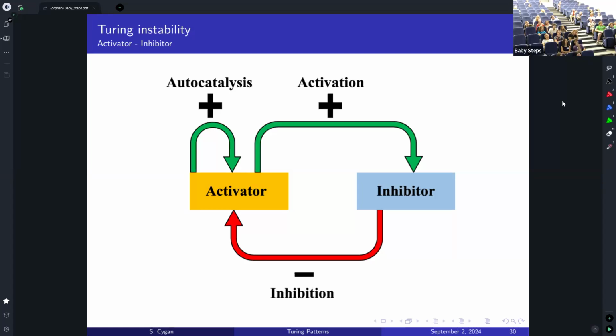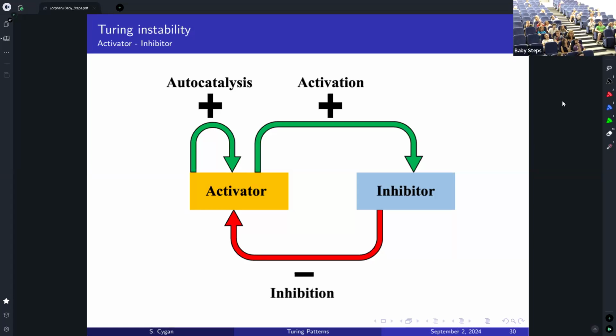So more activator stimulates itself to produce more. And the activator also stimulates the inhibitor to be produced. The inhibitor inhibits the activator. So more activator activates the production of inhibitor, and the inhibitor slows down the rate of production of the activator.